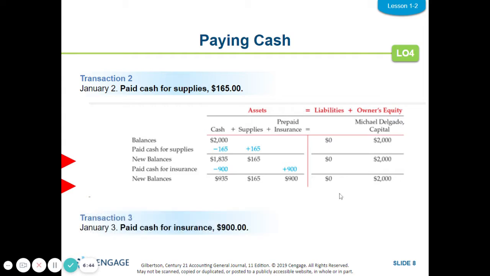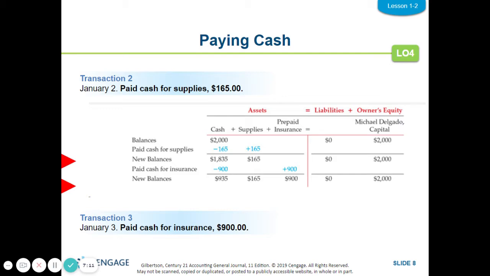The next transaction, we're paying cash for insurance. Let me talk about insurance for a minute, because insurance is one of those things that a lot of kids don't have a lot of experience with. But insurance is basically something that is going to be there in case an accident happens. And you have to pay that ahead of time. Most of the time, people are going to pay for insurance either a month ahead of time, 6 months ahead of time, or a year ahead of time.